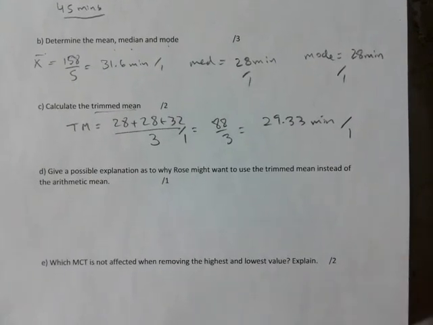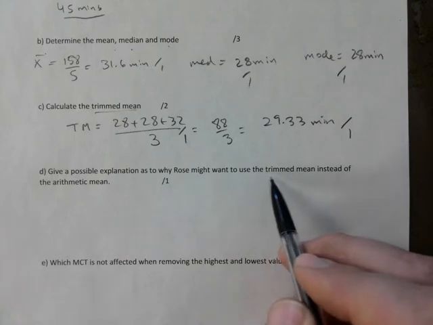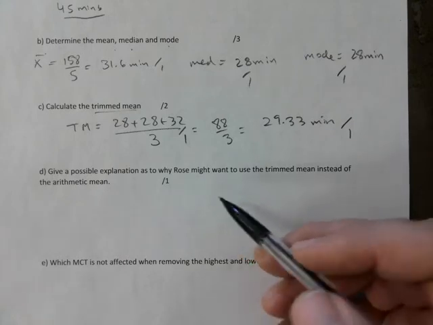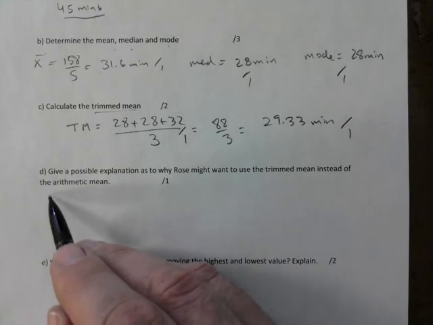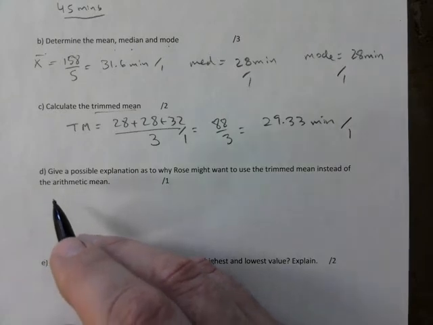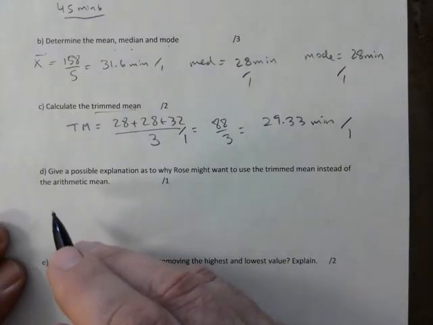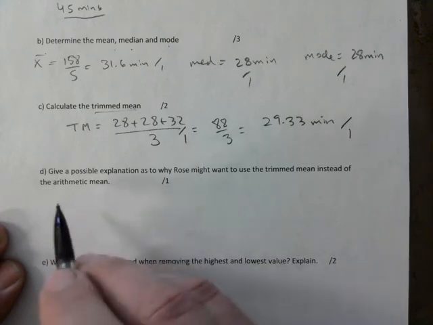Give a possible explanation as to why Rose might want the trimmed mean instead of the arithmetic mean. She might have had a flat tire on her way to work that day and not want to include the outlier.